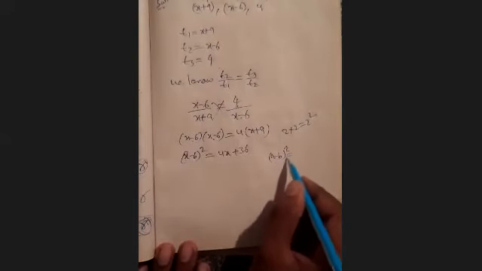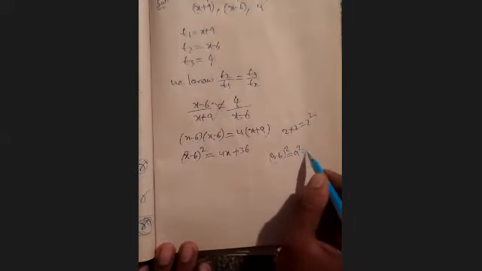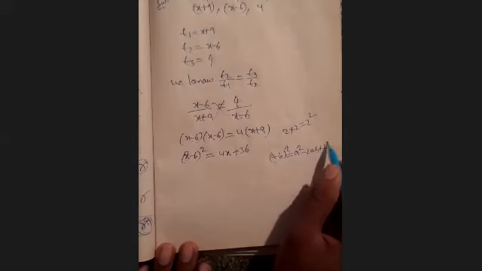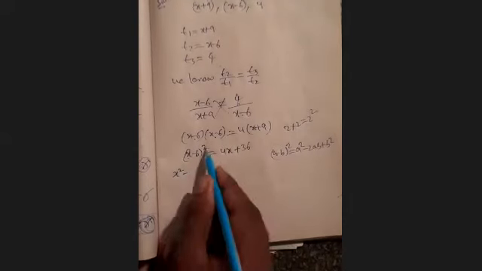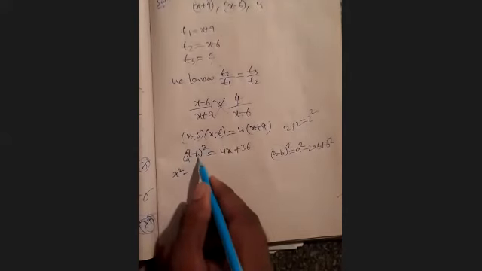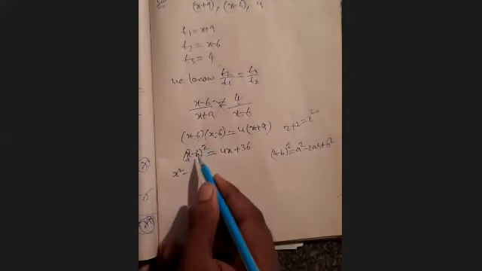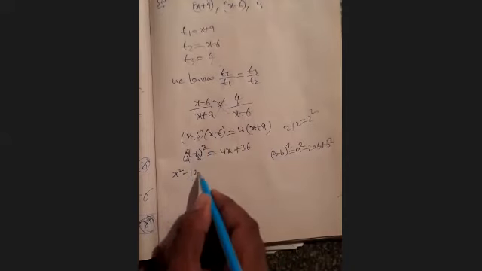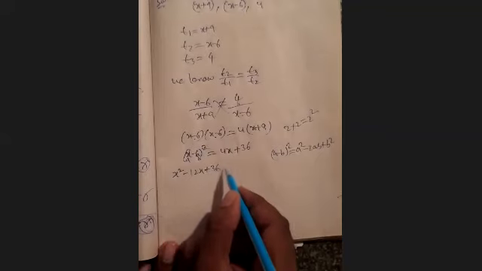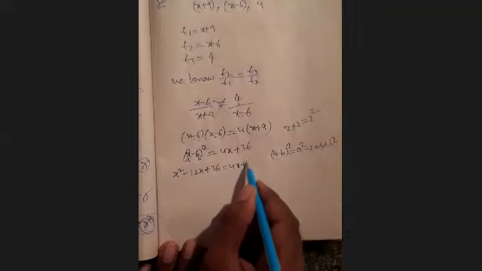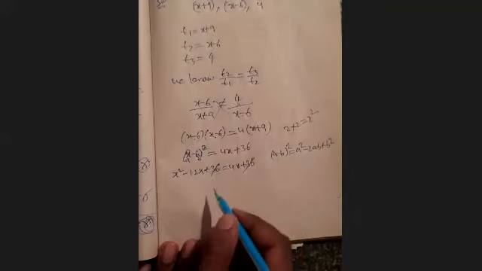Now this is (a minus b) whole square, that is a square minus 2ab plus b square. This is a, this is b. 2 into 6 is 12, 12x, plus b square, 6 square, 36, is equal to 4x plus 36. 36 cancels.